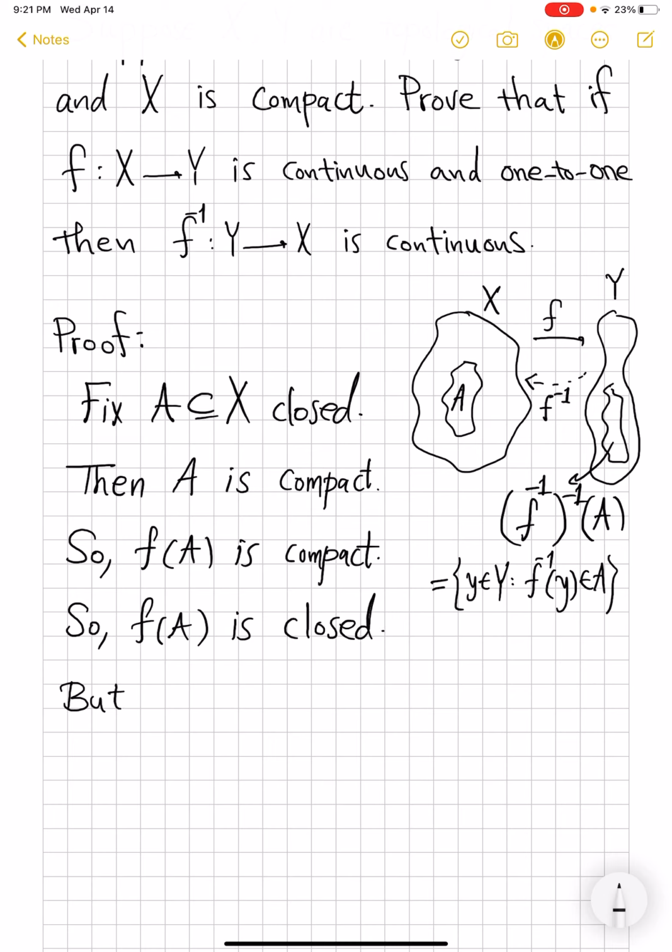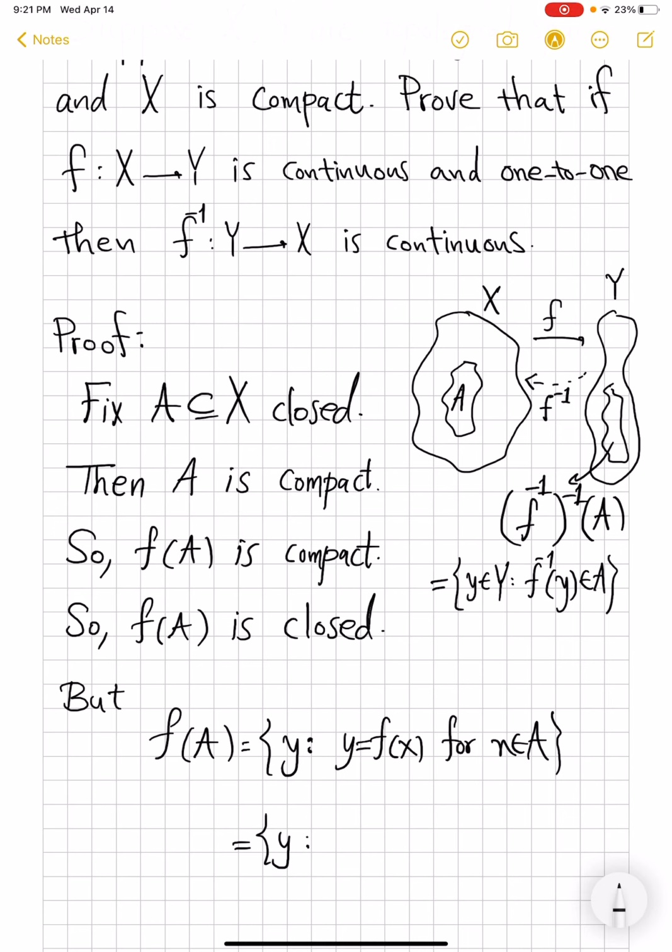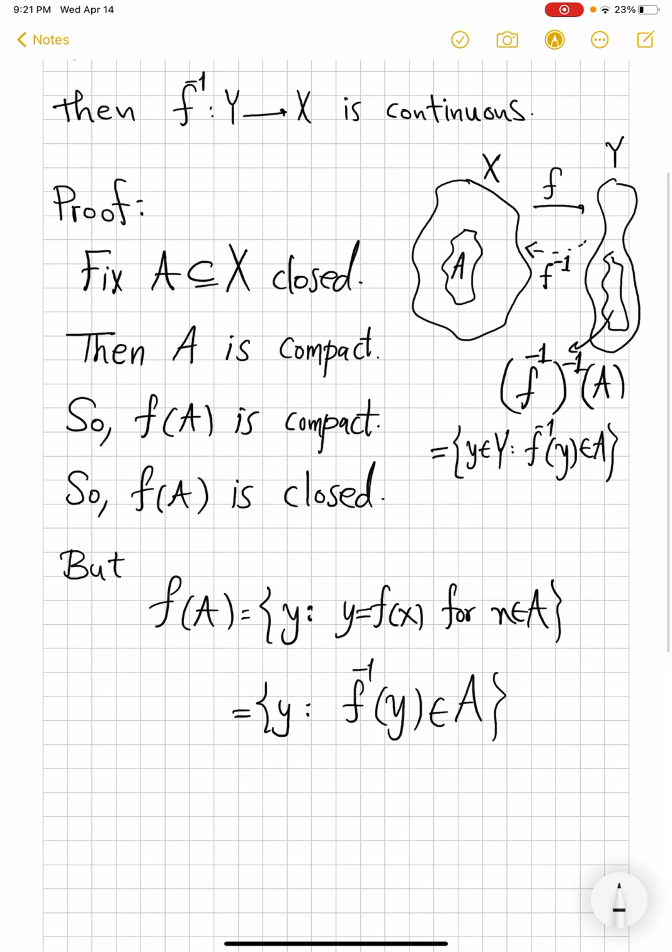But f of A, which is the set of y such that y equals f of x for some x in A, is exactly equal to the set of y's such that f inverse as a function of y belongs to A. Because then f inverse of y will be exactly that x, the unique one that f of x becomes equal to y.